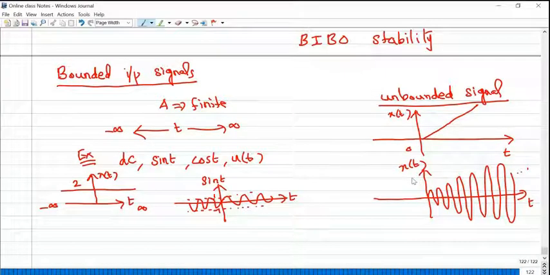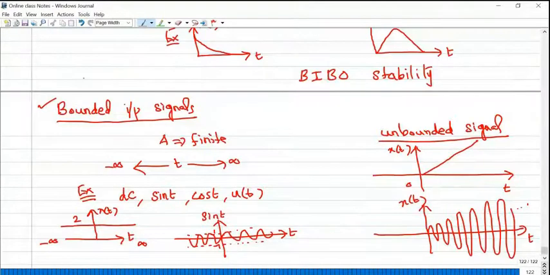So these are the signal example for an unbounded signal. Okay, the amplitude of the signal is not finite in all the time instant. If the signal amplitude is finite all the time instant from minus infinite to infinite, then the signal is said to be a bounded input signal.